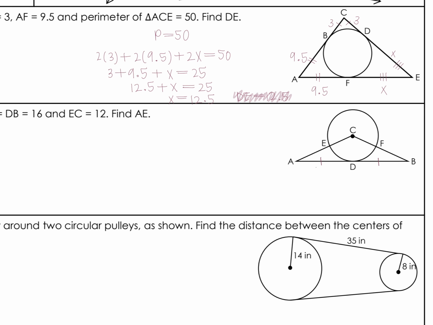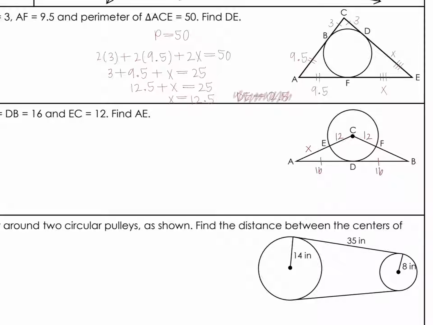So here we would have a length of 16 on each one of those. And that EC is going to be 12. Okay, so from E to C, that's 12. That is a radius, and therefore I can mark any other radius as being that length of 12. So I'm going to call CF also 12. Now I'm asked to find AE. I'm going to call that X.